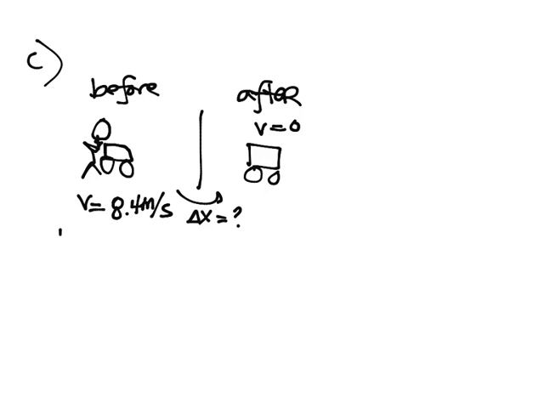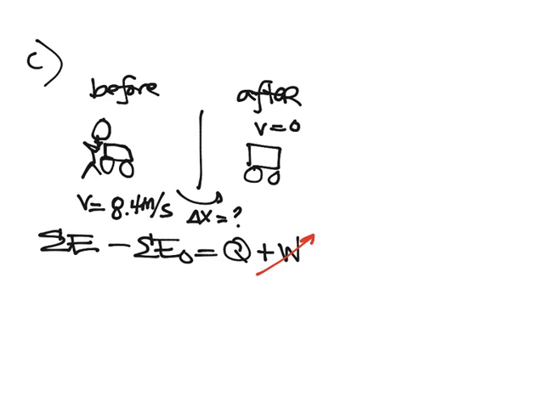Now we can use sigma E minus sigma E naught equals Q plus W. We know that after she lets go, she's not applying any force, so there's not going to be any work.